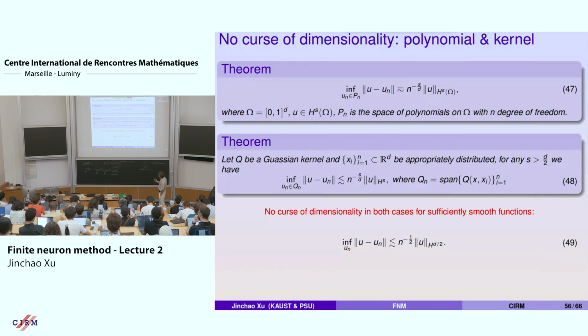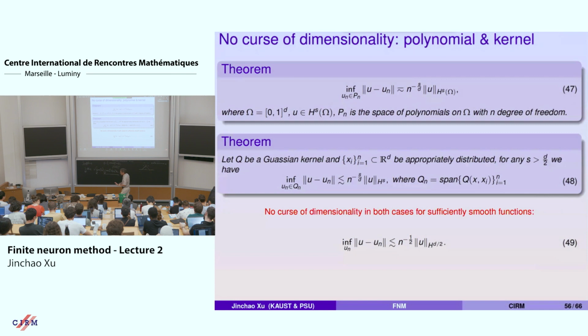This Sobolev norm also depends on dimension. The constant in front sometimes depends exponentially on dimension. So you have at least three places with dimension dependence. But no matter how big, if my norm is very, very small, meaning my ball size is very small, then the error can be small.